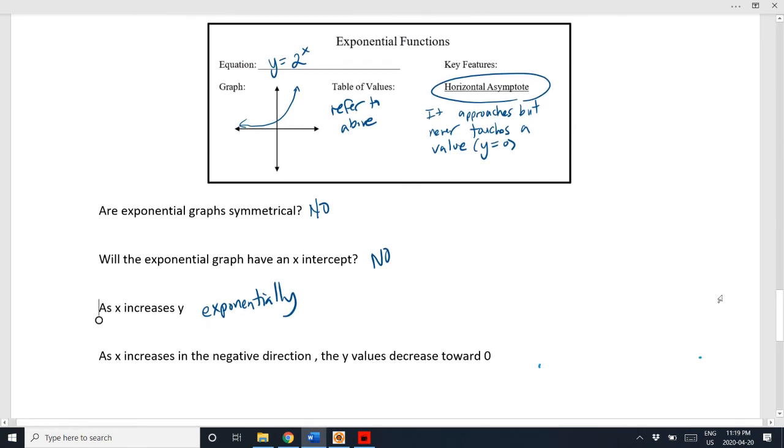And as x increases in the negative direction, the y values decrease towards 0, but never reach 0. y is equal to 0 is the equation of the horizontal asymptote, the line that it'll never touch. And that's our lesson for today.